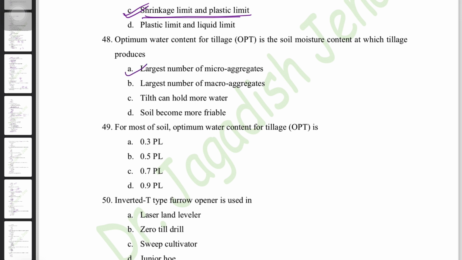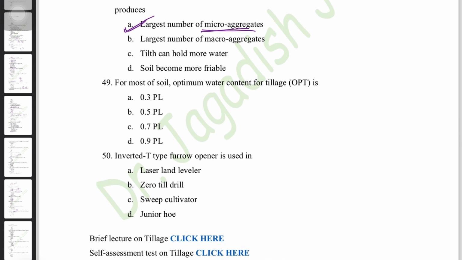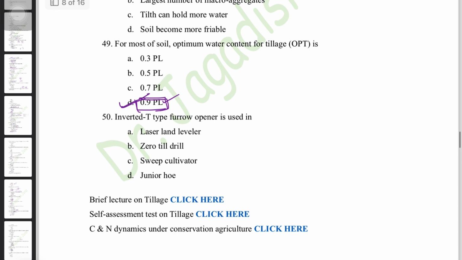So the right answer is largest number of macro aggregate formation, which is almost desirable. For most of the soil, optimum water content for tillage is 0.9 PL. This PL means plastic limit.